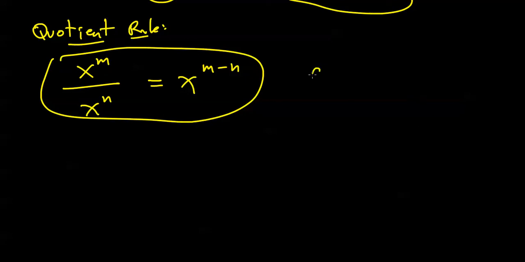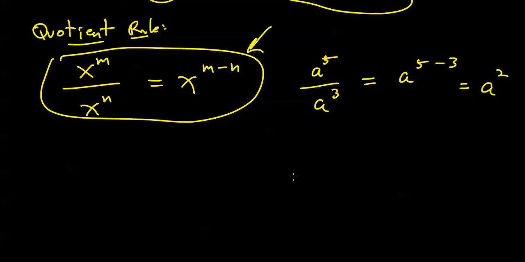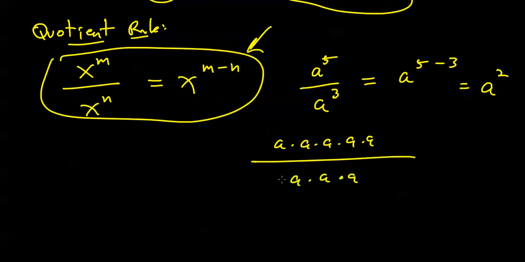Well, let's see. Example, if I've got a to the fifth power over a cubed. Well, a simple application of this formula tells me this is a to the 5 minus 3 power. And of course, 5 minus 3 is a squared. Oh, I'm thinking most of us wouldn't be so formal here for something this simple. 5 factors of a in the numerator, 3 factors of a in the denominator.